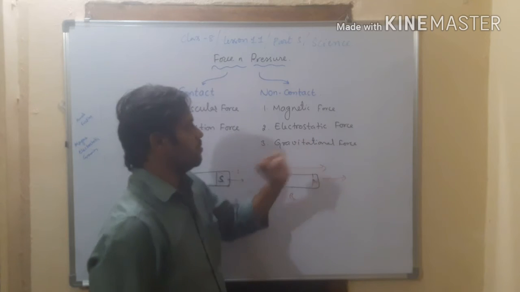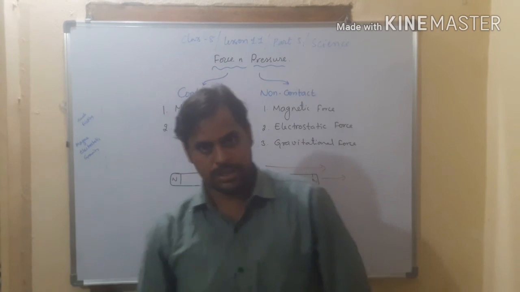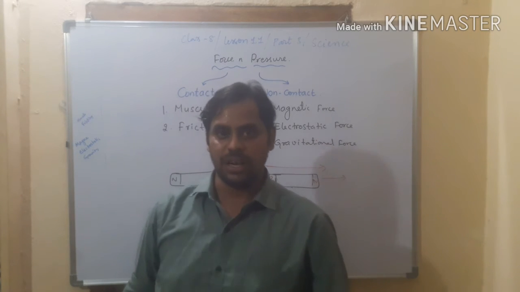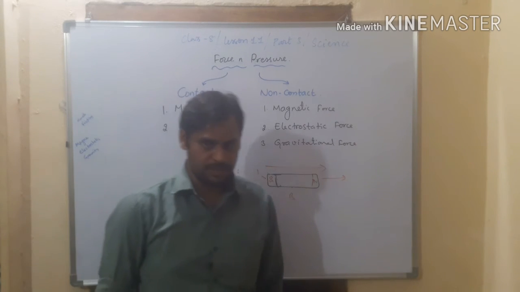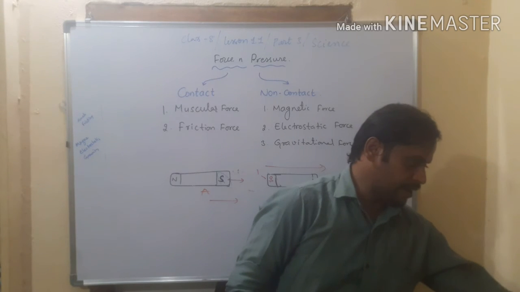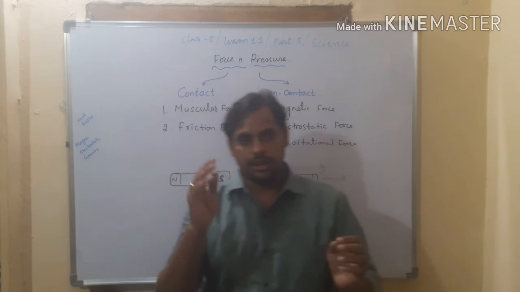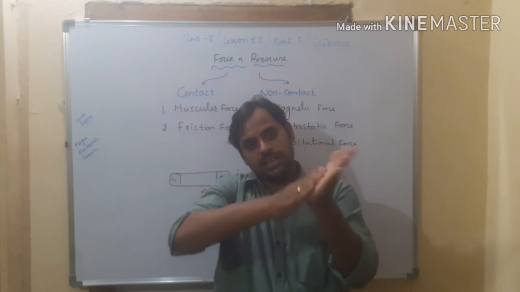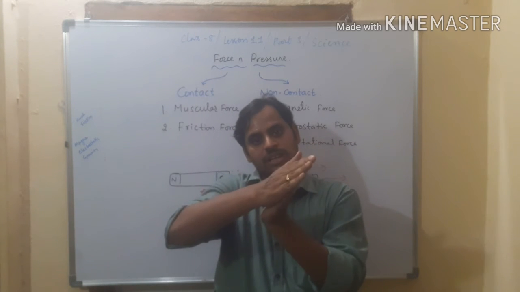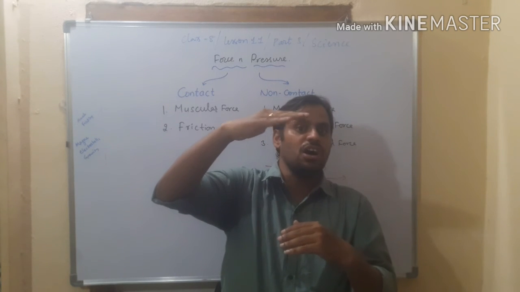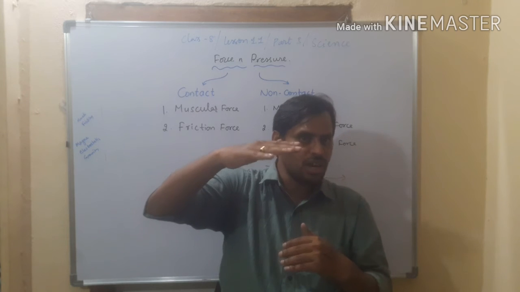So now come to electrostatic force. Before that, you have to know what is electrically charged material. When one object is rubbed on another object, then automatically these objects get charged.